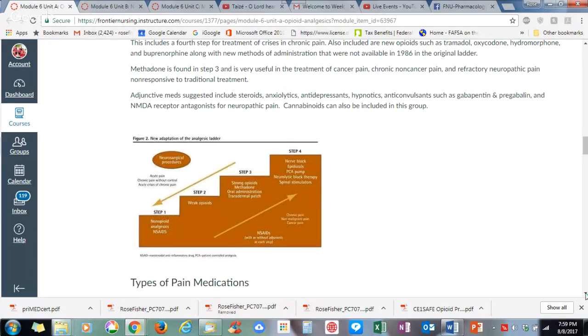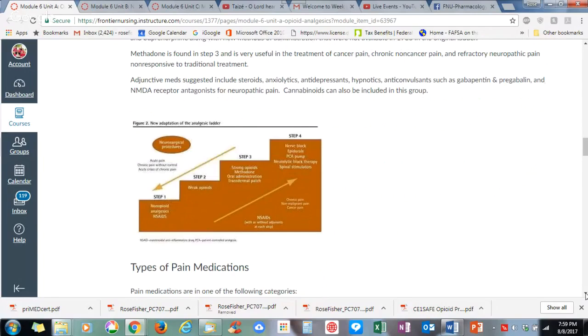Adjunctive meds suggested include steroids, anxiolytics, antidepressants, hypnotics, anticonvulsants such as gabapentin and pregabalin, and NMDA receptor antagonists for neuropathic pain. Cannabinoids can also be included in this group.